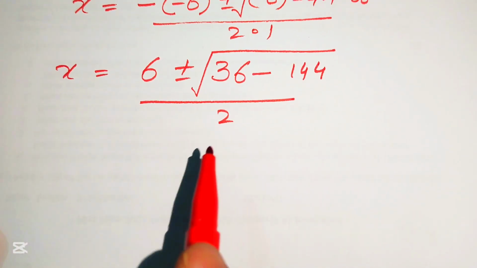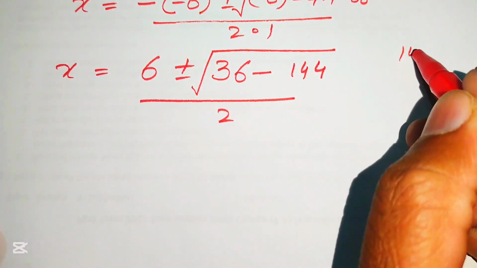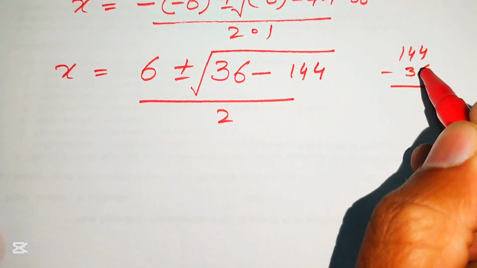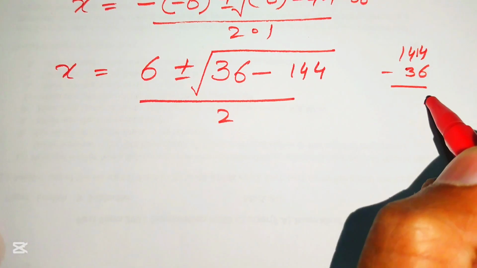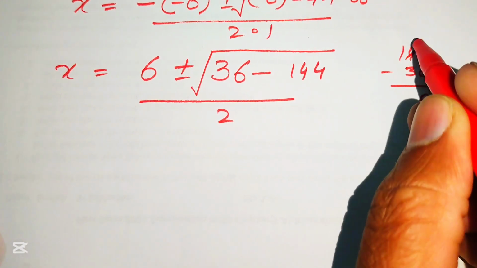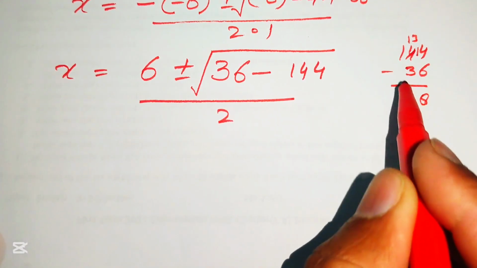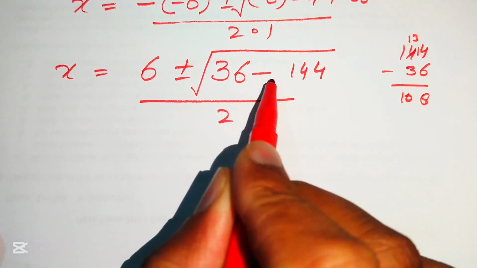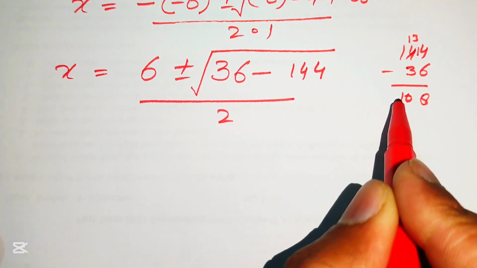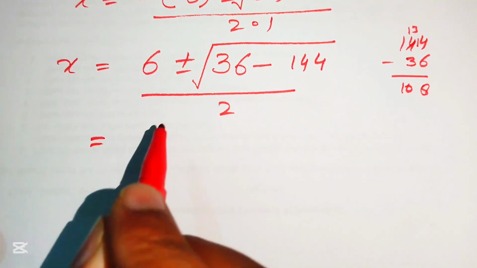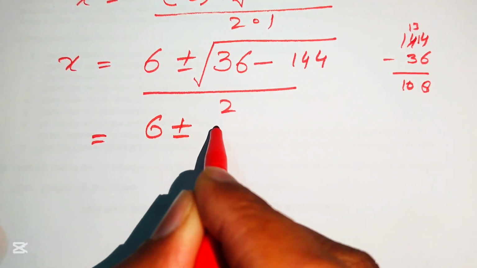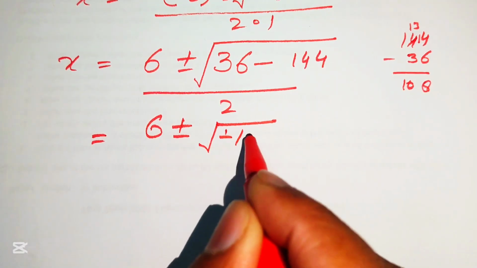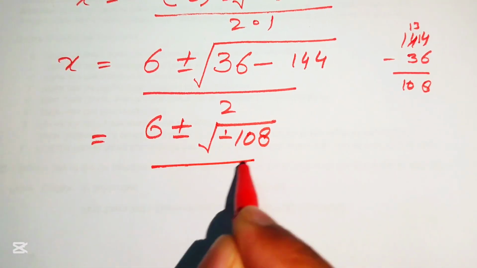So here we need to subtract 36 by 144. 144 minus 36 is 108, and because the greater value sign is negative, this is negative. So here we have 6 plus minus square root of 36 minus 144 equals minus 108, divided by 2.